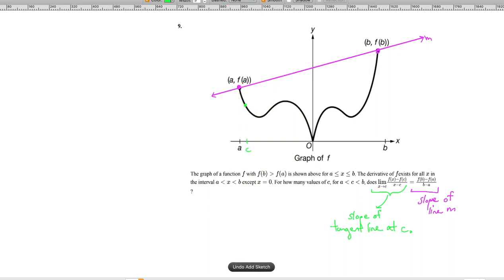And it's basically asking for how many values of C can I get a parallel line.